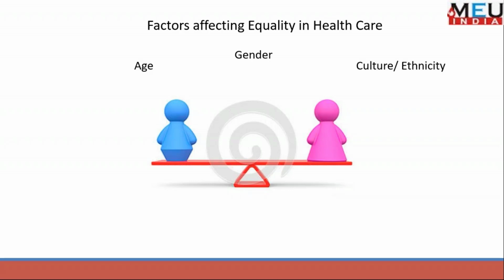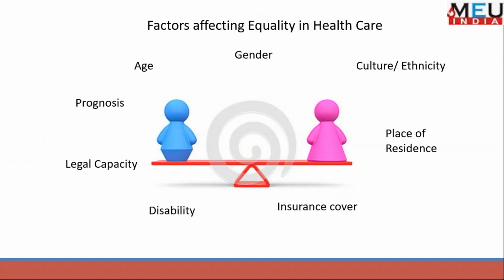Culture and ethnicity also may affect equality in healthcare. Residence, urban versus rural. Prognosis. What is the type of disease? Would you like to invest in diseases with good prognosis or those with poor prognosis? Legal capacity, disability, insurance cover. These are some of the factors, and much more you have written on the group, which affect equality in healthcare.